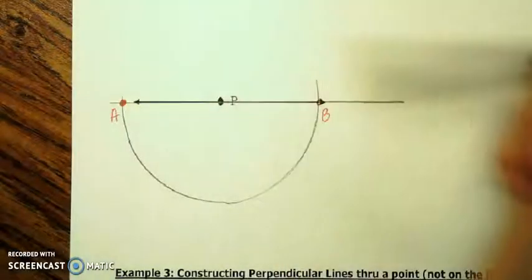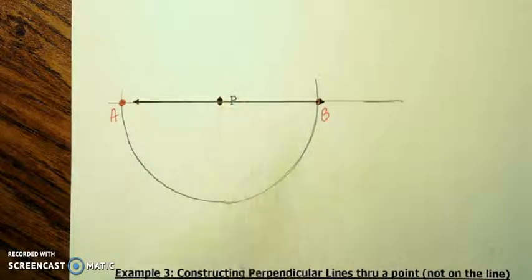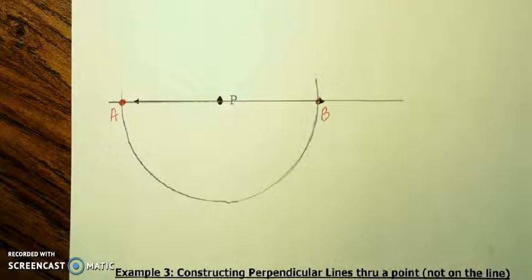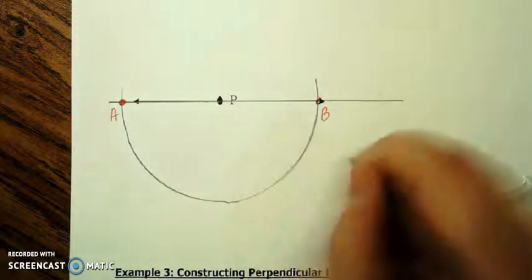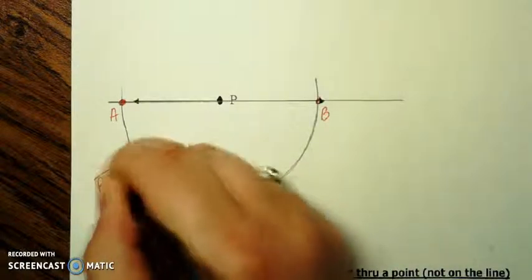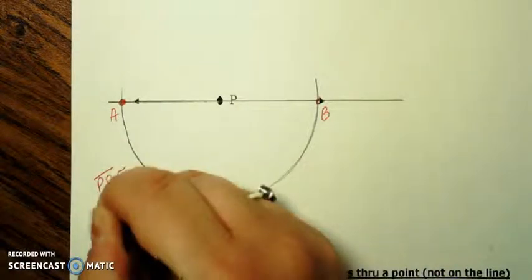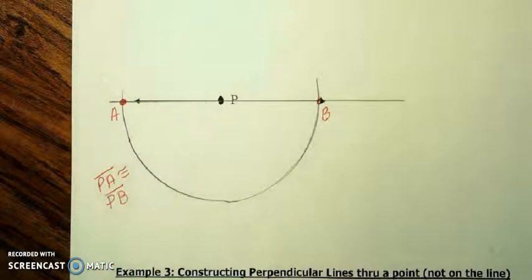If I kept going around, this would make a whole circle. P to B would be a radius, P to A would be a radius of that circle. So that's why those two distances are the same. You do not need to write this down, but I'm just going to jot this: PA and PB are exactly the same.